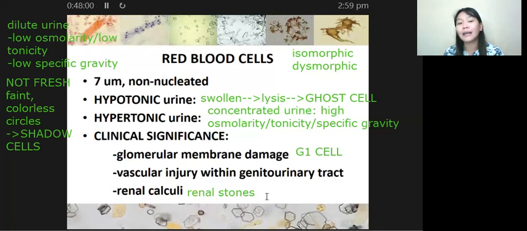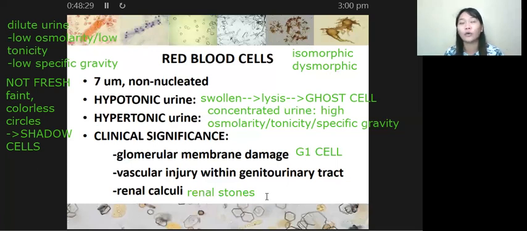So just take note, class, that when it comes to your red blood cells, one other sediment that is oftentimes mistaken as your red blood cells are your yeast cells. Yung yeast cells natin, take note, it is resistant to your acetic acid. So how are you going to differentiate your red blood cells from your yeast cells? We have addition of acetic acid.